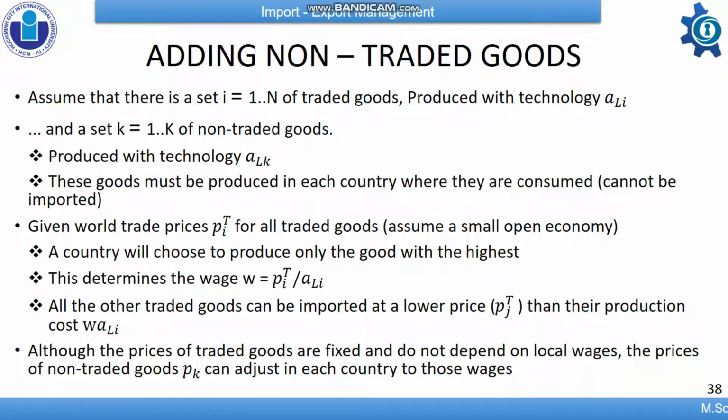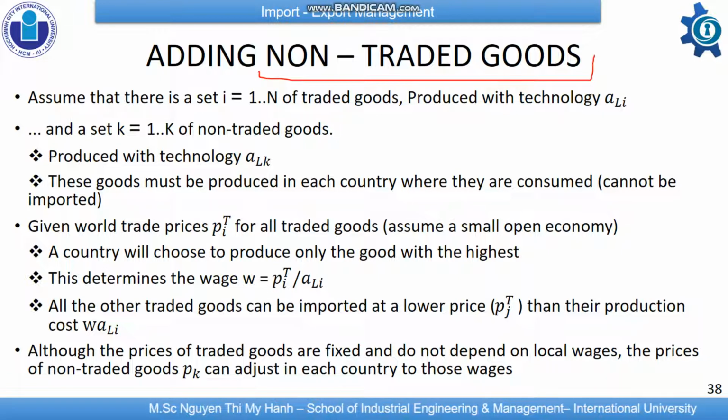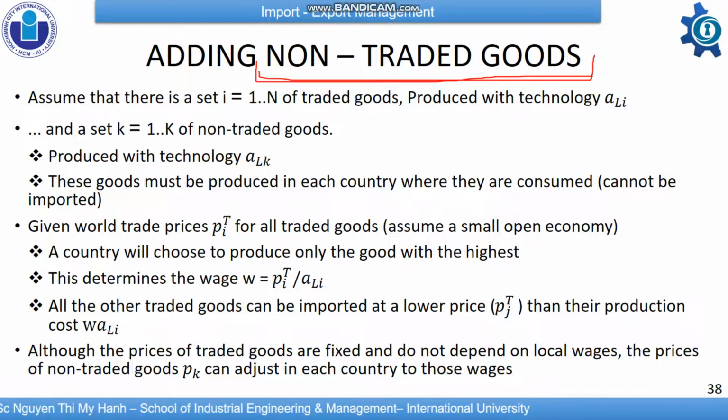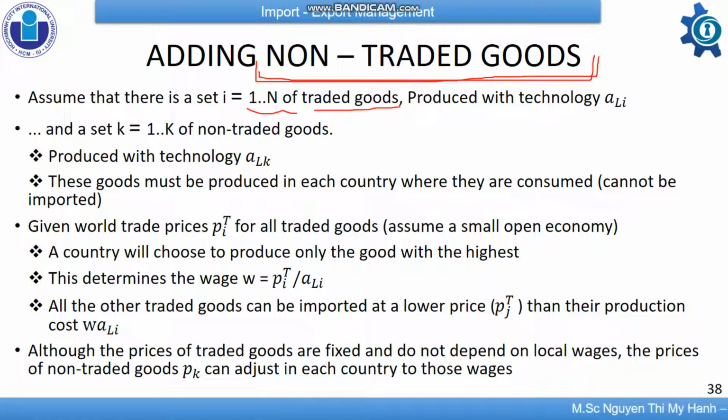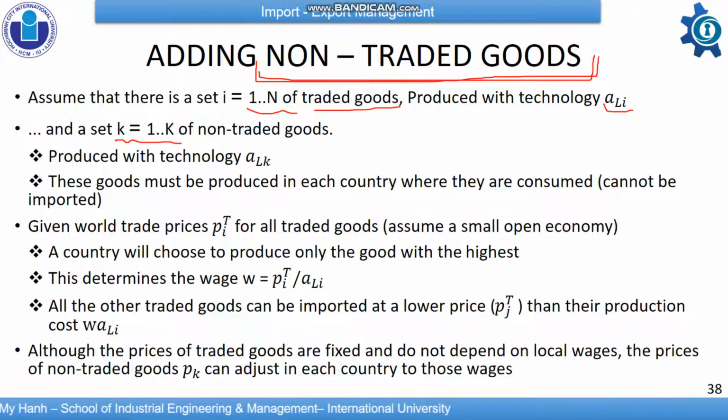So what will we do with the appearance of non-traded goods? Because not everything will be traded. So we consider there is a set of traded goods from 1 to n, and they need a_Li hours to produce their product i, and we have k equal to 1 to capital K of non-traded goods.